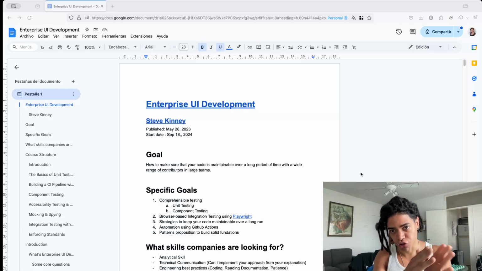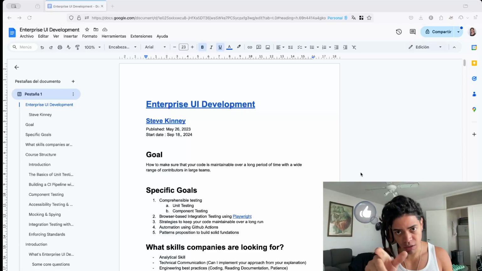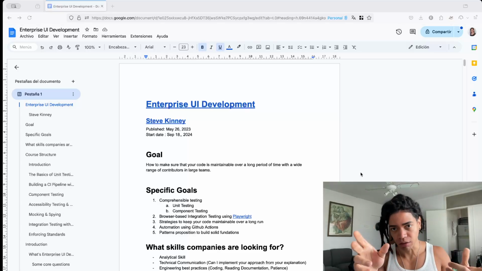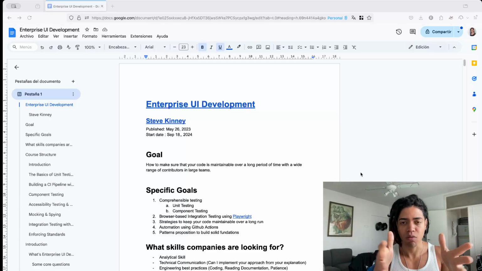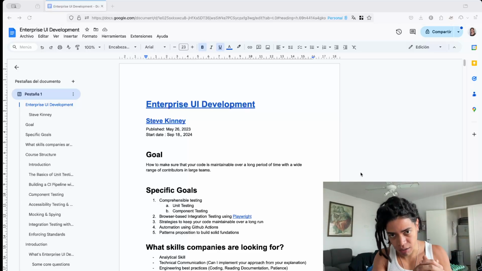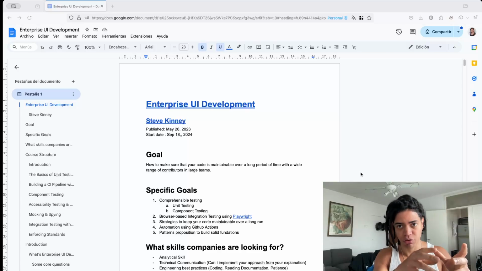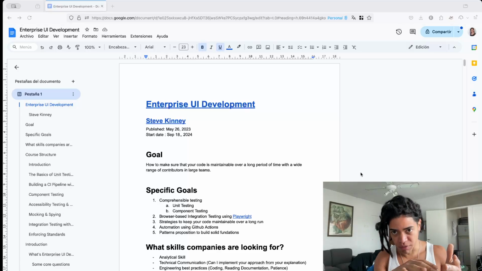For example, SOC 2 is one of them, which is performed by the American Institute of Certified Public Accountants. Then you also have the CCPA, the California Consumer Privacy Act, which indicates how data is going to be sold, and the CPRA, the Consumer Privacy Rights Act, which outlines how data is going to be shared and what data is going to be shared.